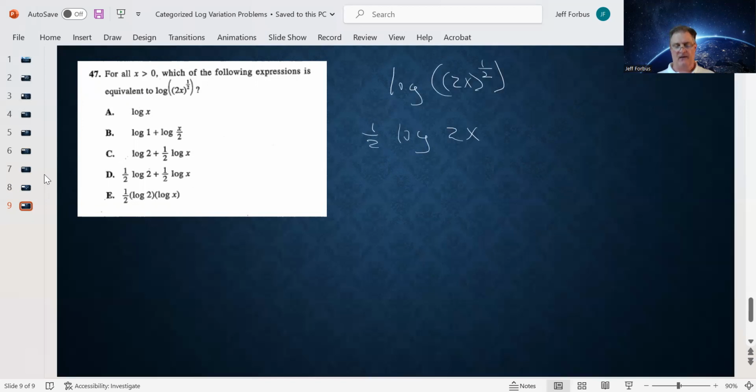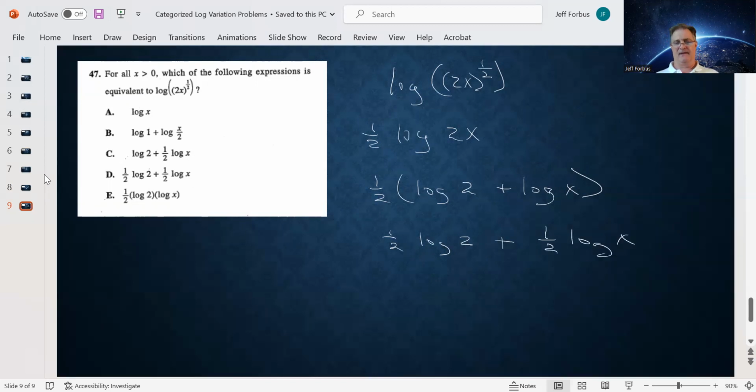So we can say 1/2 log 2 plus log of x. All right, so let's go ahead and redistribute our 1/2. And we're going to get 1/2 log of 2 plus 1/2 log of x.